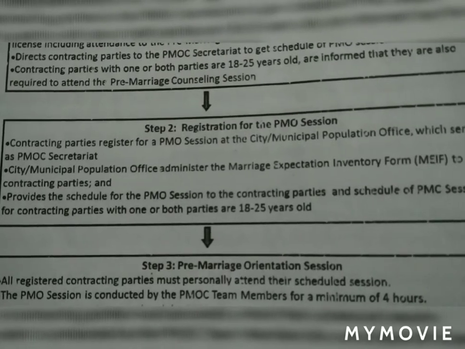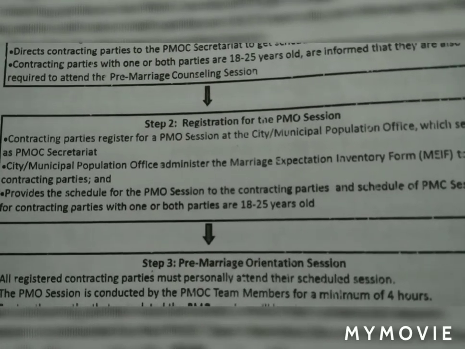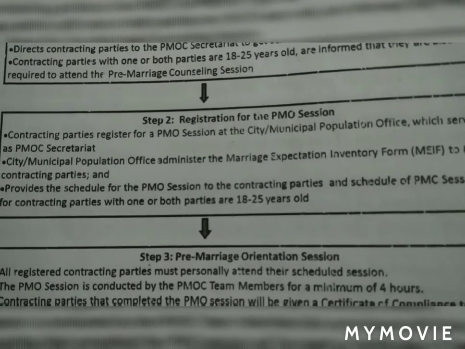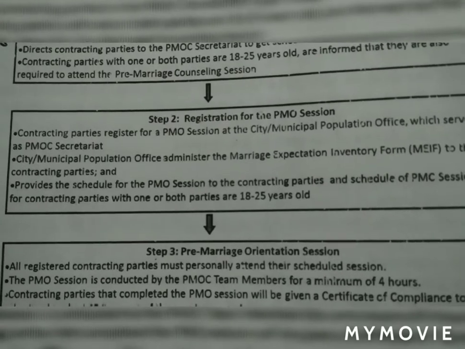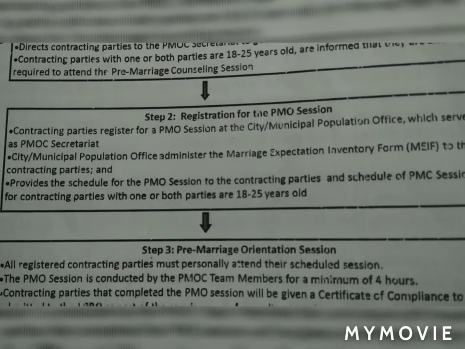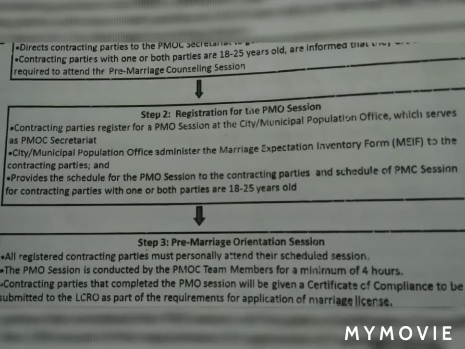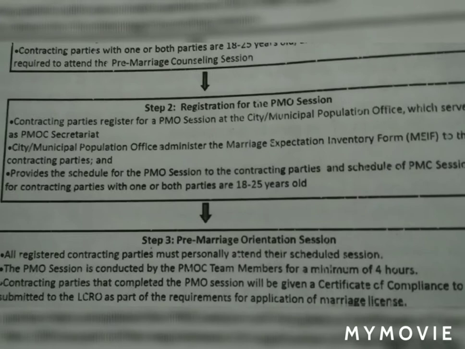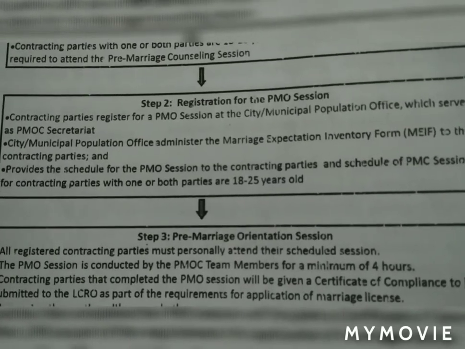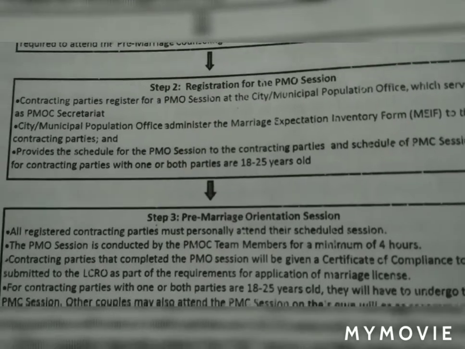City Municipal Population Office administers the marriage expectation inventory form to the contracting parties and provides the schedule for the PMO session to the contracting parties, and schedules the PMC session for the contracting parties with one or both parties 18 to 25 years old.